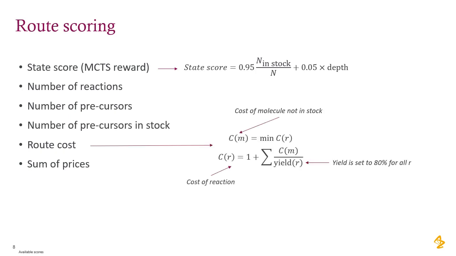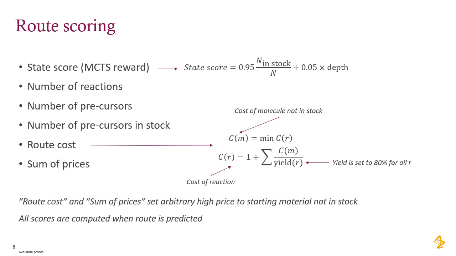And then we also have a route cost, which is a recursive function taken from a Chematica paper that recursively scores a route based on the cost of molecules and yield and the cost of reaction. Then we can also score based on just the sum of the cost of all the starting material. The two final scores here assume that the stock has price information. And all the scores are computed when the route is predicted.